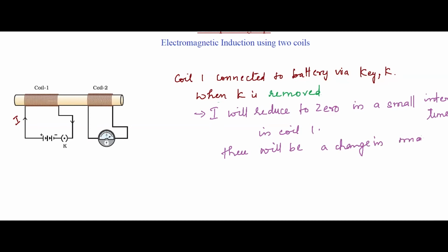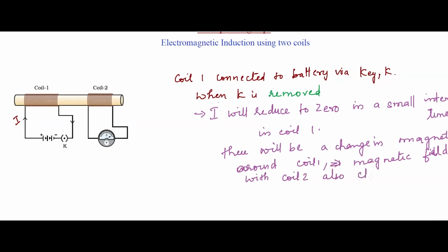Because there is this change in current in coil 1, there will be a change in magnetic field around coil 1, which will be linked with coil 2. So the magnetic field linked with coil 2 also changes.